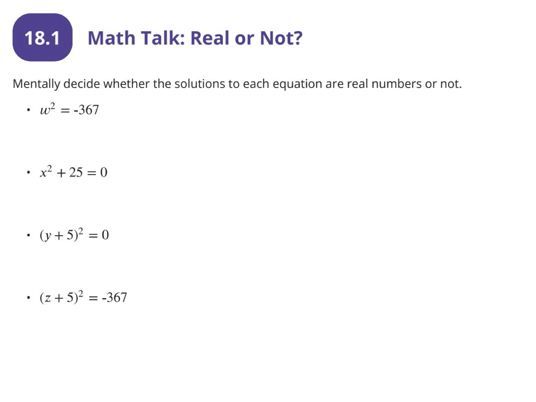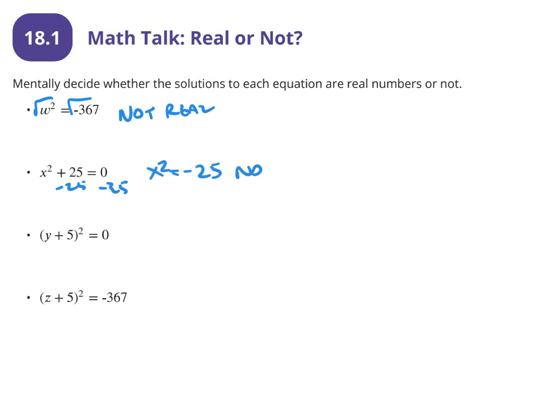Okay, mentally decide whether the solutions to each equation are real numbers or not. So when you take the square root, we know we can't take the square root of a negative number because it's complex. So this is not real. If I subtract 25 from both sides, x squared equals -25.